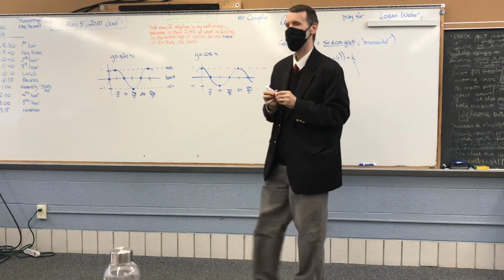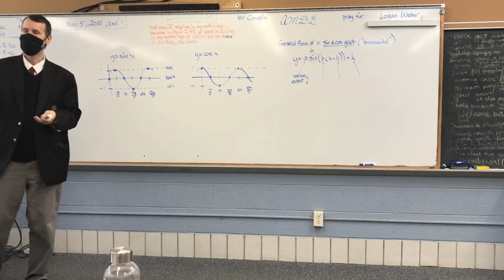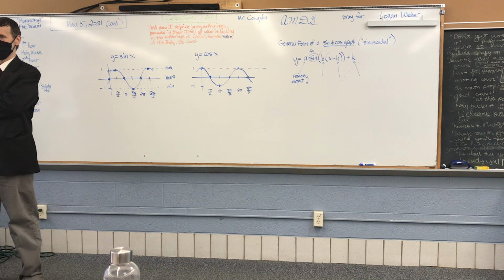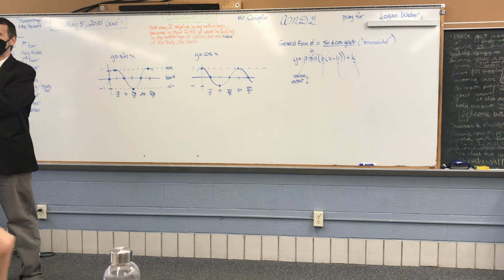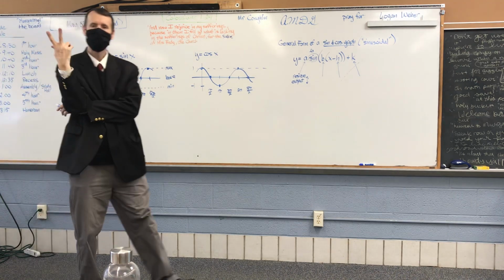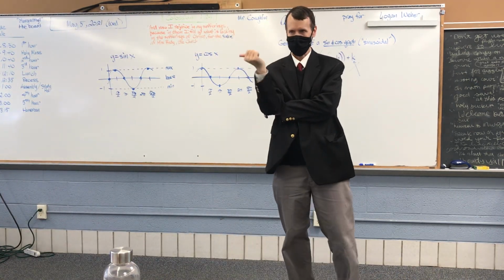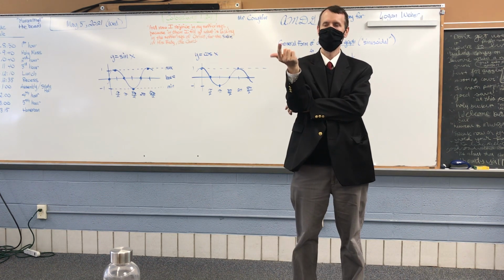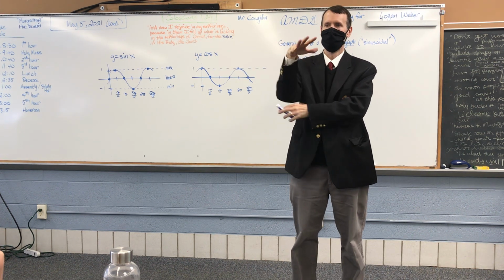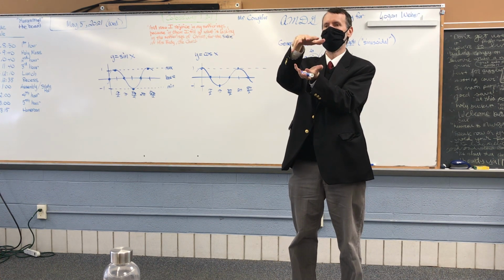Can anybody tell me, if you're going to take a shape and resize the up, down, there are 2 ways you can do it. What are they? To resize up, down? You can make it what, or you can make it what? Like you take a blob, it's like 6 inches high.